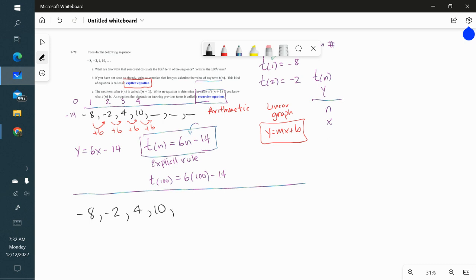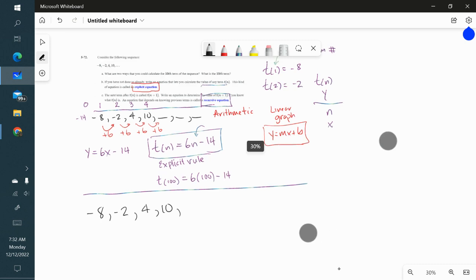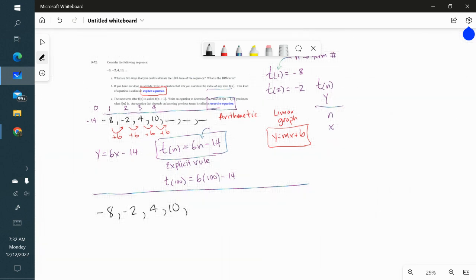The next term would be the previous term plus 6. So now when we're writing a recursive rule, we're thinking left to right instead of input to output. So we're thinking this way: +6, +6, +6. Thinking left to right, that's thinking recursively.